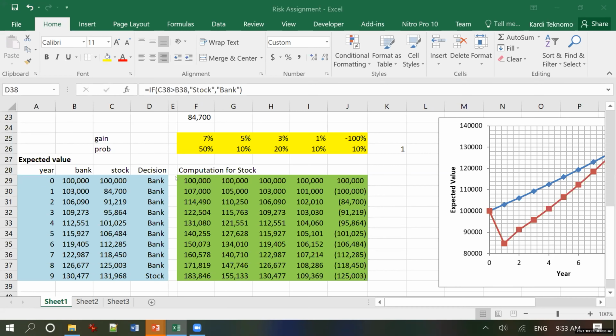So 10% you lose all your money, right? So should it be 0, not minus 100,000? Minus 100,000 for the first year. You see here, minus 100,000. At a certain year, for example, in the 5th year, you have minus 101,000. Oh, it doesn't become 0. In the 9th year, you have minus 125,000.